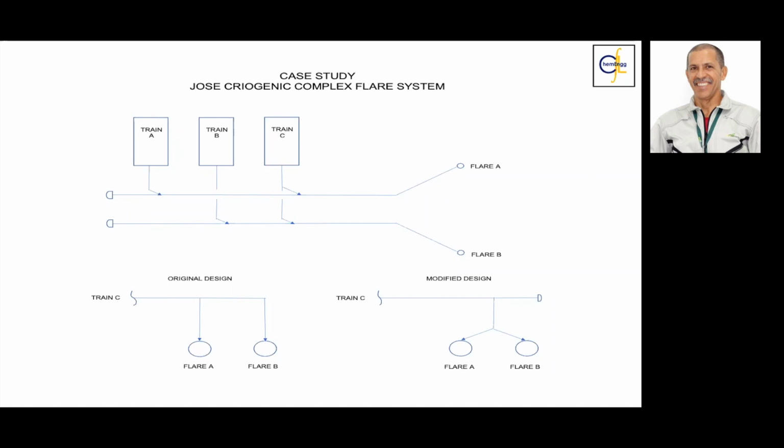The solution was to extend the header and include something to stop the flow rate coming from there. All of you remember Newton's law: if something is moving in one direction, it will not stop. It will try to continue moving in that direction. And this happens as well when we are dealing with fluid flow.